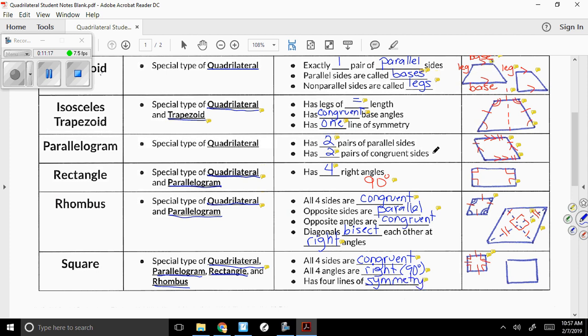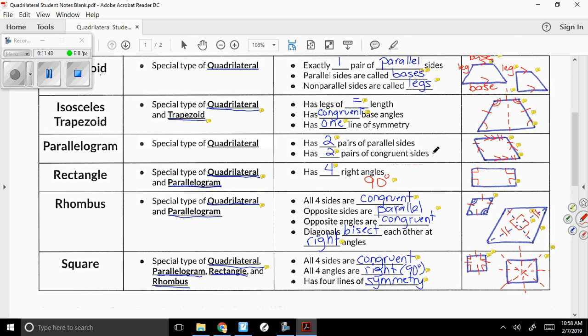So let's go ahead and mark our lines of symmetry on this other shape that we haven't marked on yet. If I go straight down the middle, that's our first line of symmetry. And also if I go straight across, that's another line of symmetry. And then our diagonals are also lines of symmetry. So both diagonals there. If I have a piece of paper that's a square, I can fold it four different ways to fold it perfectly in half. So those are four lines of symmetry.